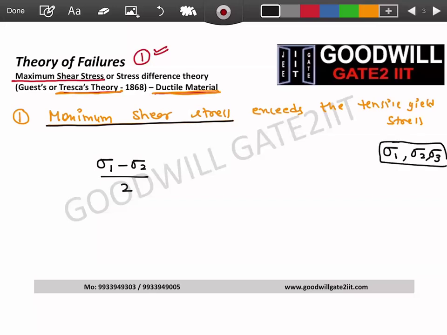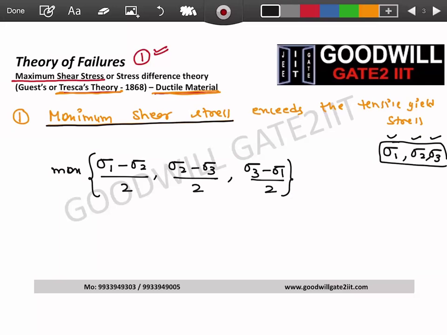If it is 2D, then this is your principal stress and this is your maximum shear stress. You have to take all possible combinations. So sigma 2 minus sigma 3 divided by 2, sigma 3 minus sigma 1 divided by 2. And out of all these three, you take the bigger one. So if you know your principal stresses, you calculate your maximum shear stress and take the biggest one of them.